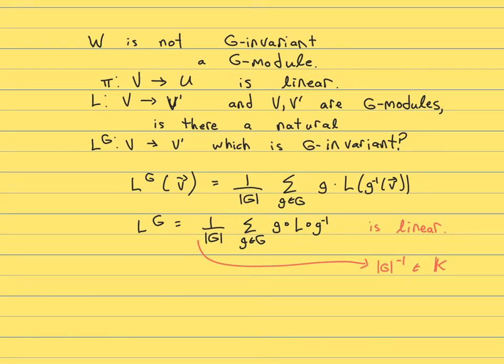So if you don't know what characteristics are, that doesn't matter. Just assume we're working over complex numbers, in which case you can divide by any non-zero number, and that's not an issue. But if you're more sophisticated, this means you can work over Z mod PZ and other finite fields as long as you're working over the right characteristics. So not every characteristic works.